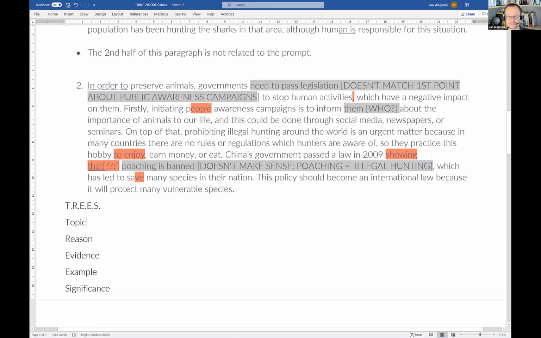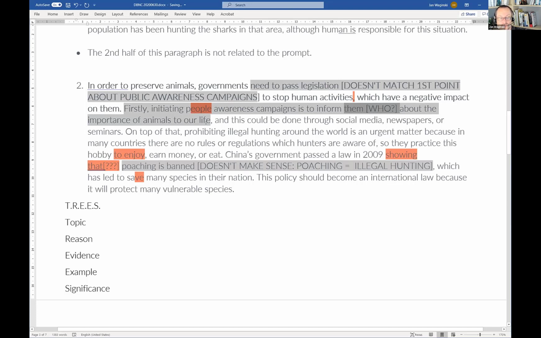No surprises. So let's look at this paragraph again. In order to preserve animals, governments need to pass legislation to stop human activities which have a negative impact on them. Okay, that's our topic sentence. But then the first point is, initiating awareness campaigns is to inform people about the importance of animals to our life.